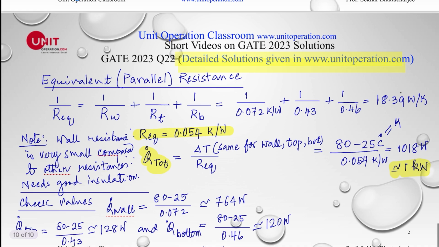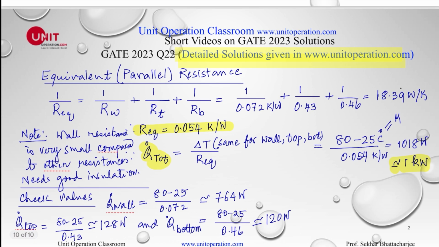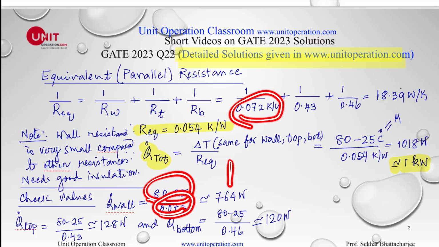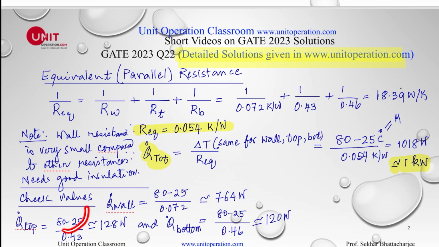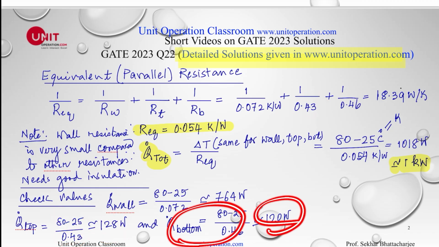We can find out the individual heat loss here. This is the delta T divided by 0.072 for the heat loss from the side, 764 watts, and the heat loss from the top is 0.43, 128 watt here, and the heat loss from the bottom is around 120 watt here. So as you can see, maximum heat loss is from the side.